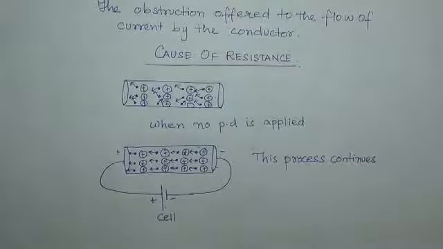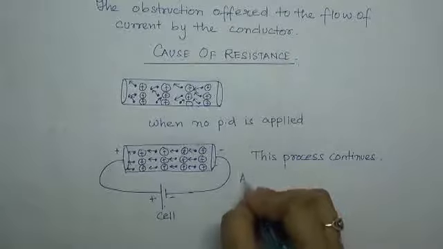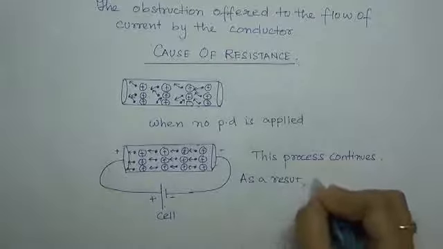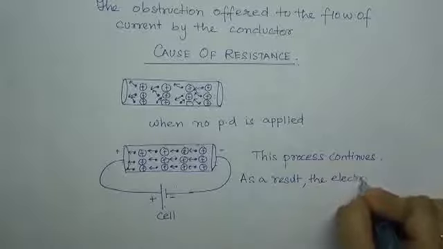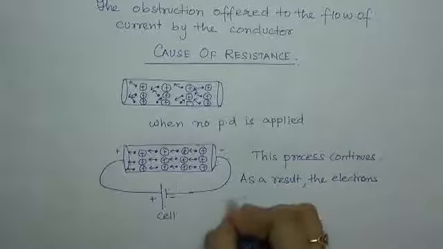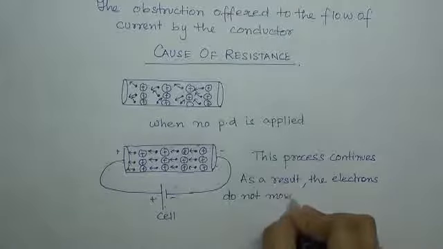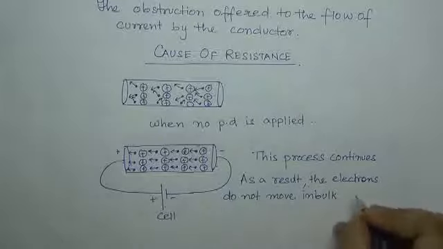Now when this continues to occur, as a result the electrons do not move in bulk with a continuously increasing speed.